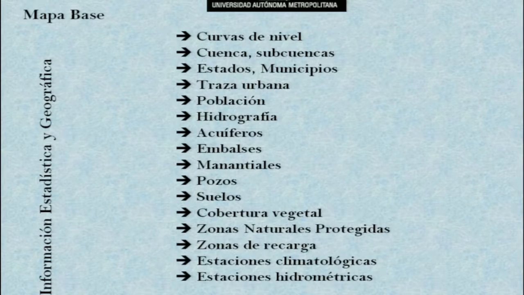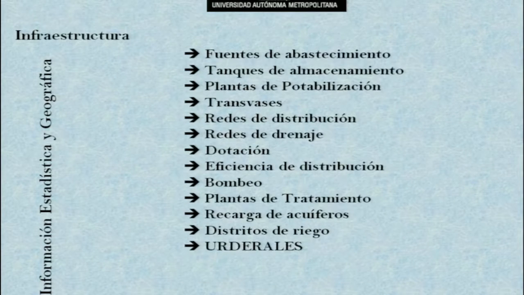This is only to create our basic map. And we also need all the information of the water infrastructure, the location, the volumes of the storage tanks, the water treatment plants, the drinking water plants, the residual water plants.